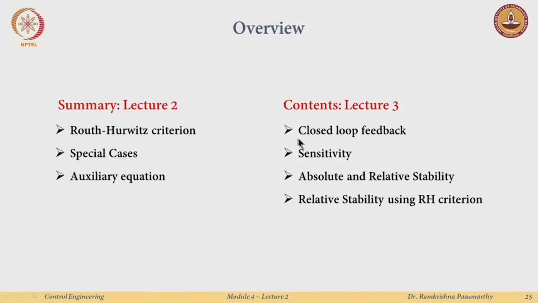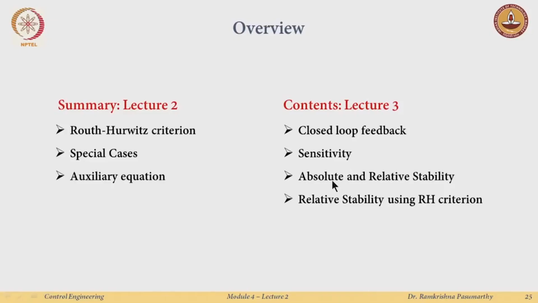Next time we will give it a little more control flavor, analyze this in terms of feedback, and then we will do things related to sensitivity. We will also slightly introduce the concept of relative stability, what it means, and we will see if we could solve some of those relative stability problems using the Routh-Hurwitz criterion. Thank you.